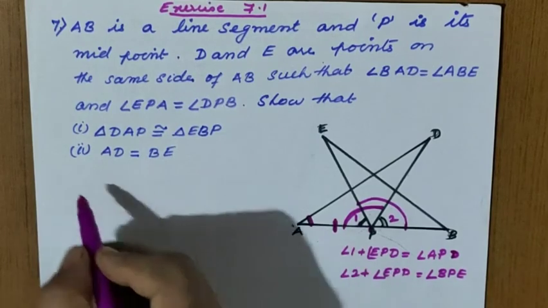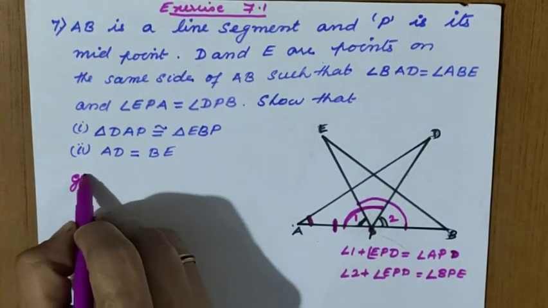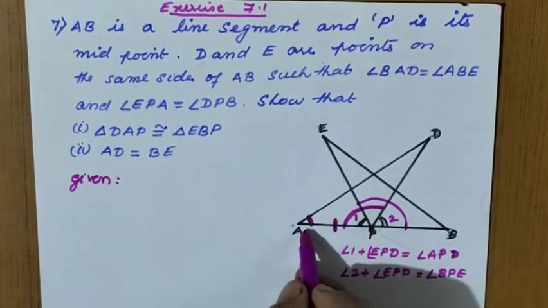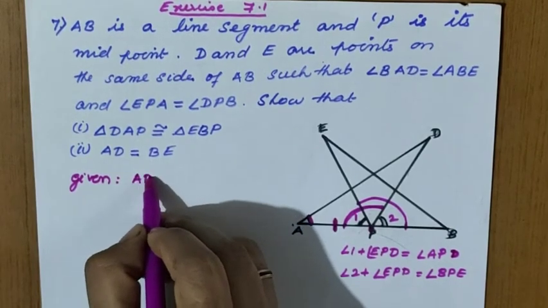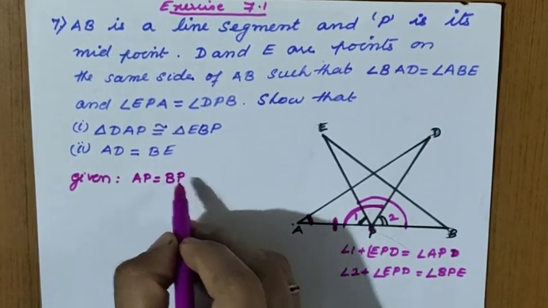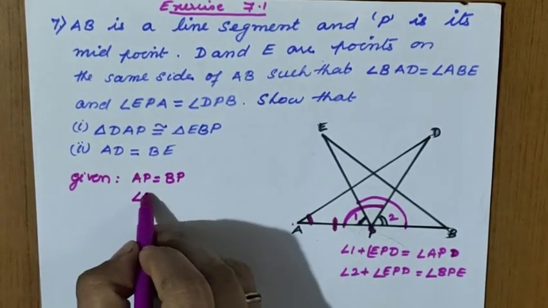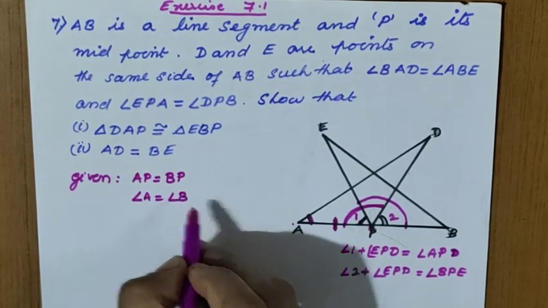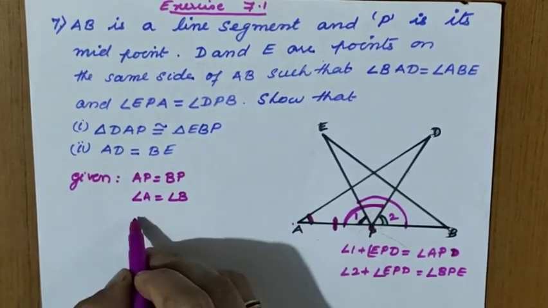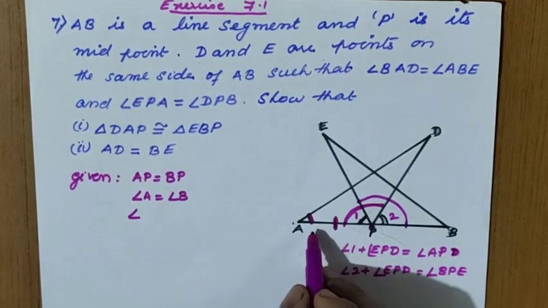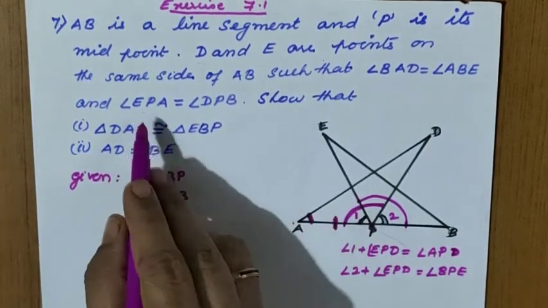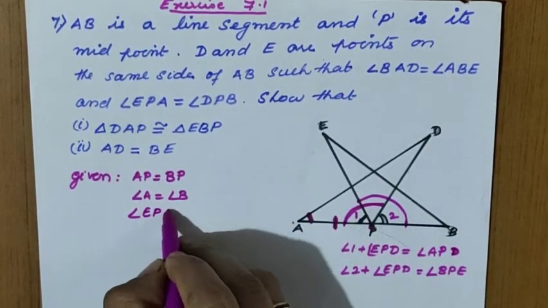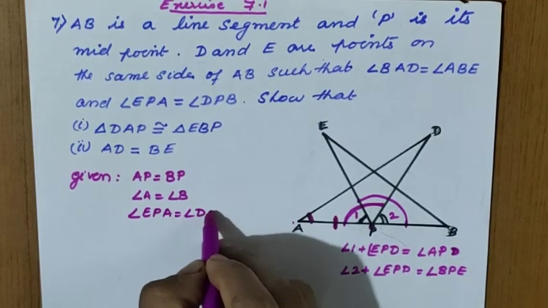So what is given in the question? I'll complete now. Given: AP equal to BP and angle A equal to angle B, that is also given. Now what is the third part? Angle APE, that is EPA, equal to DPB.